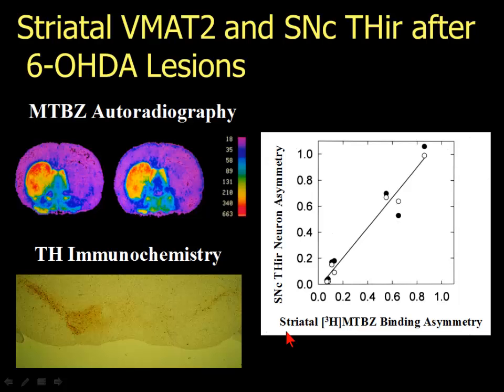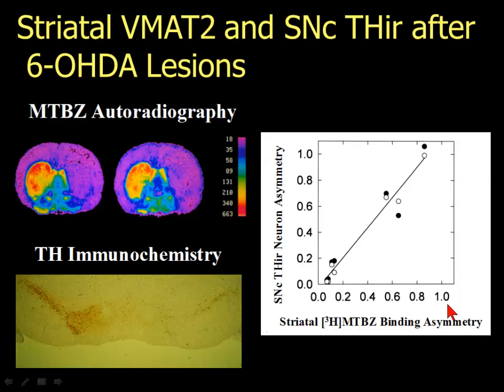Now, one of the well-recognized but not advertised aspects of hydroxydopamine lesions in experimental animals is they're somewhat difficult to do in a reproducible fashion. The structure that one is trying to inject the toxin into is very tiny, and a very small error in positioning of the injection catheter can result in entirely missing the nigrostriatal projection.